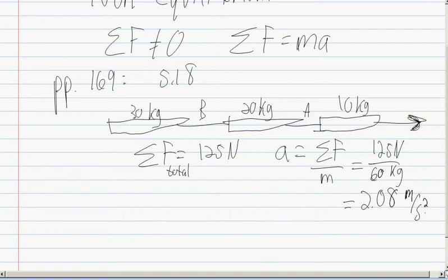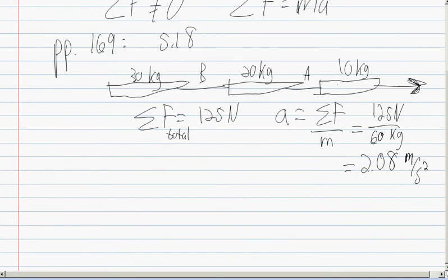So they want the tension on A, which means we're going to look at boat A first. That one is going to have a free body with the force pulling forward, and it's going to have TA backward.